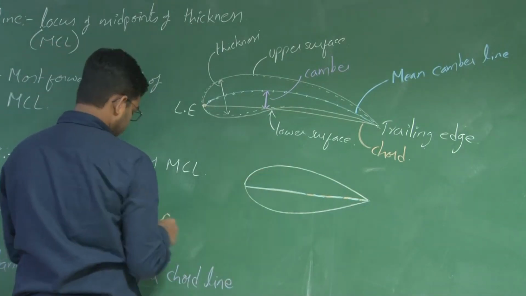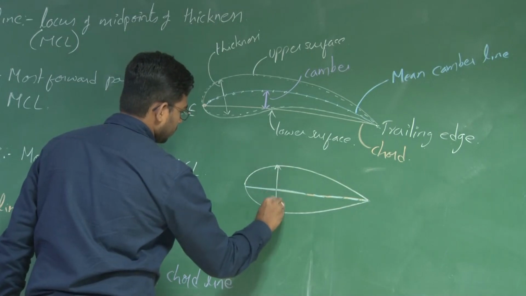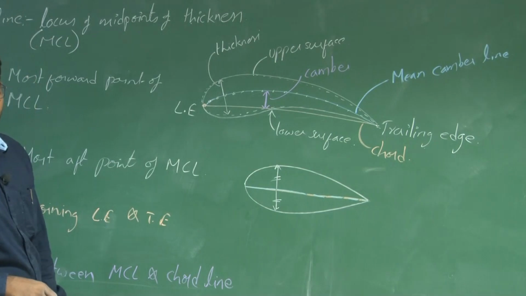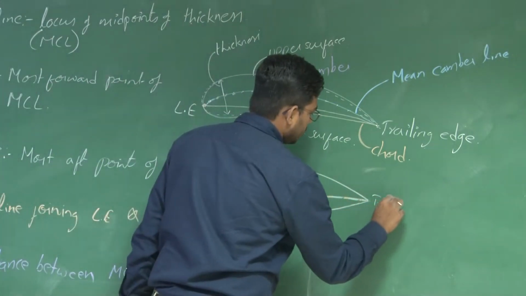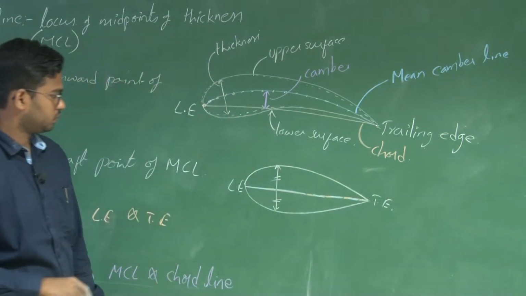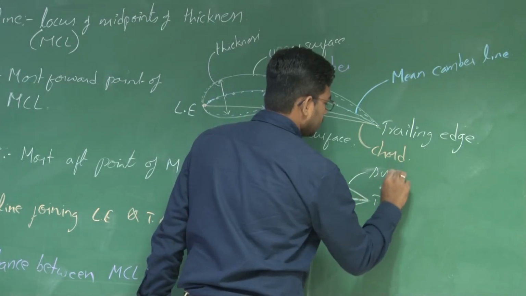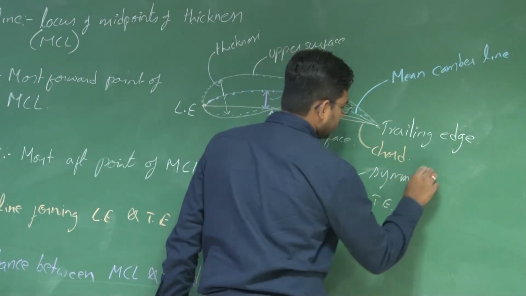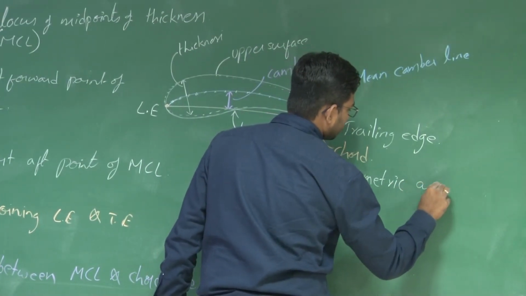And you have equal thickness distribution. These two are equal, right? This is your leading edge, this is your trailing edge, right? This particular aerofoil is known as a symmetric aerofoil.